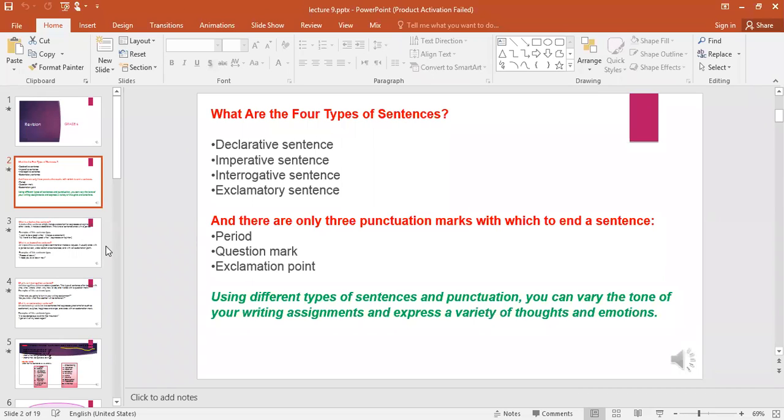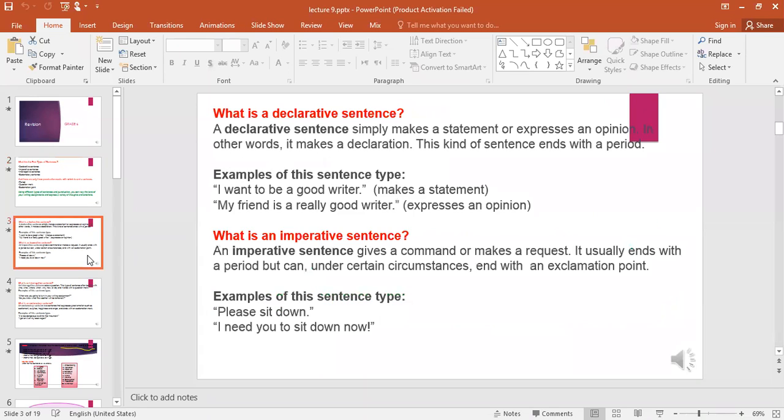And we have said that an interrogative sentence is a question. It means that an interrogative sentence asks a question, and it also ends with a question mark, while an exclamatory sentence is a sentence that ends with an exclamation mark, and it expresses feelings and emotions.